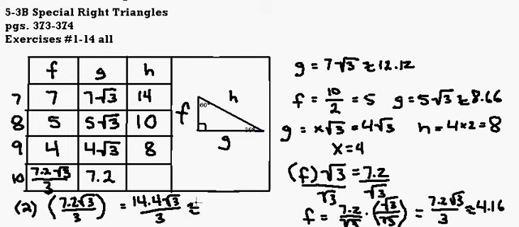In decimal approximation then, that should be 8.32. So this would be 14.4 square root of 3 all over 3 if I leave it in exact form.